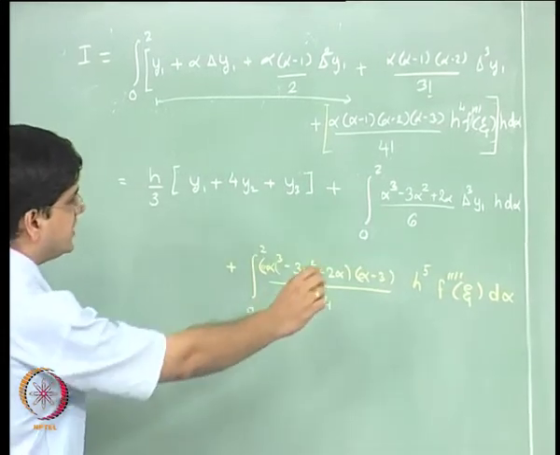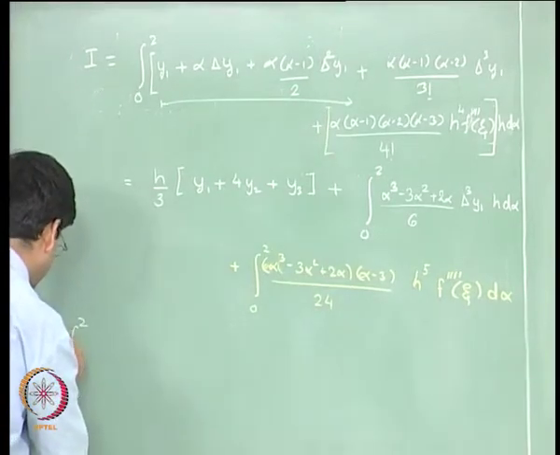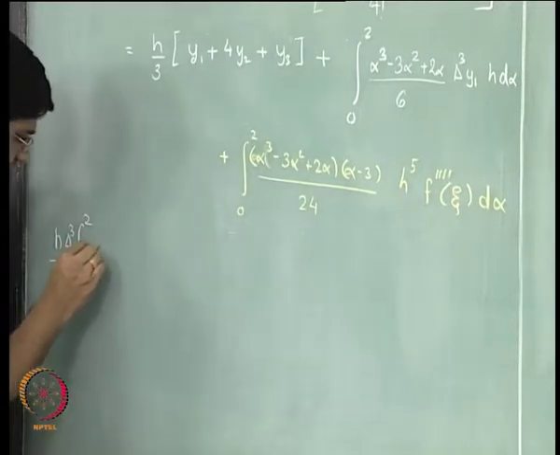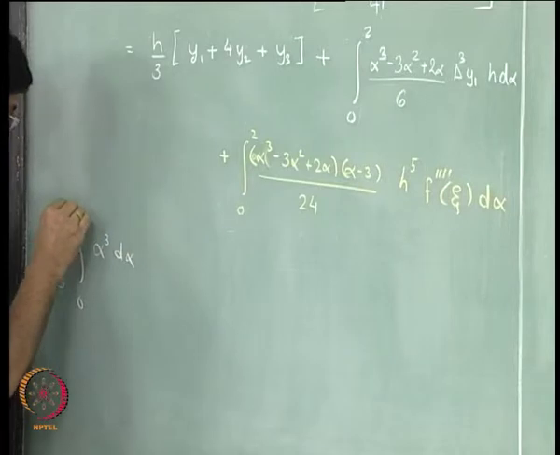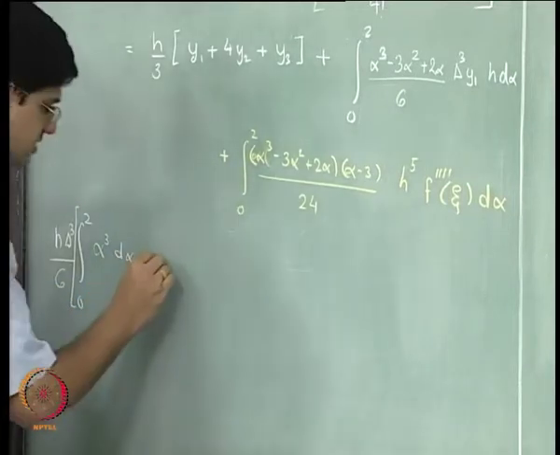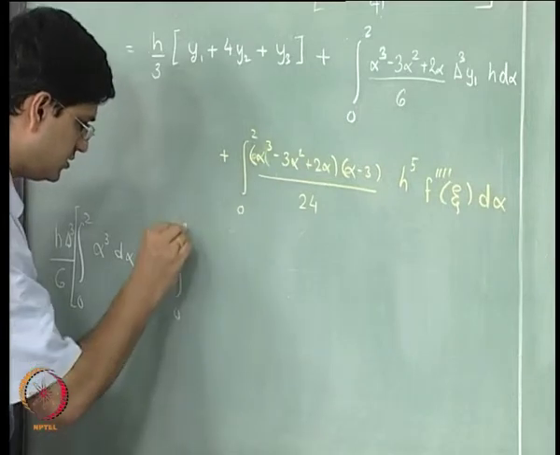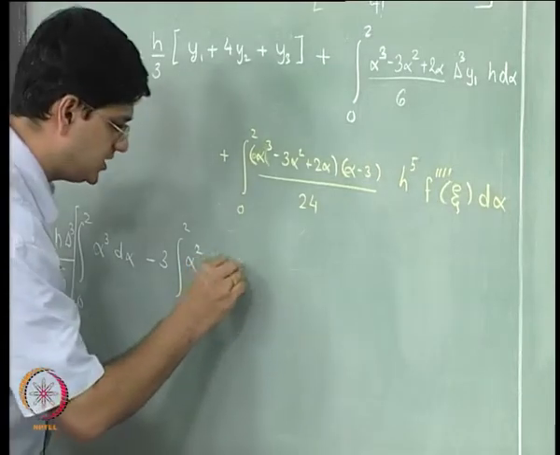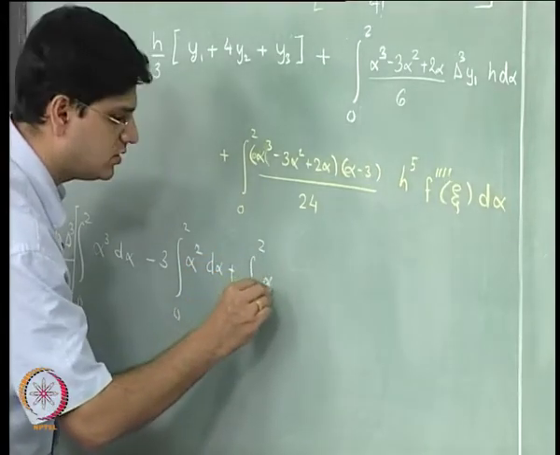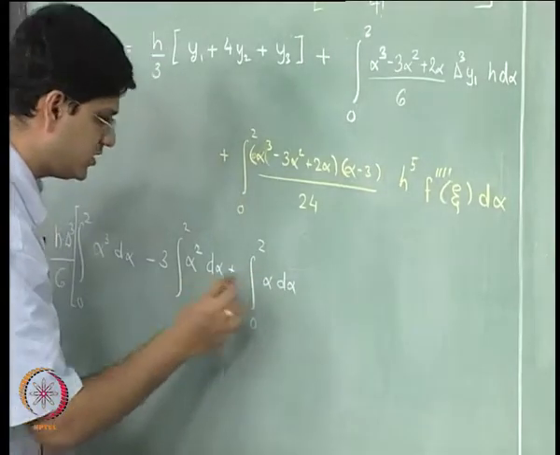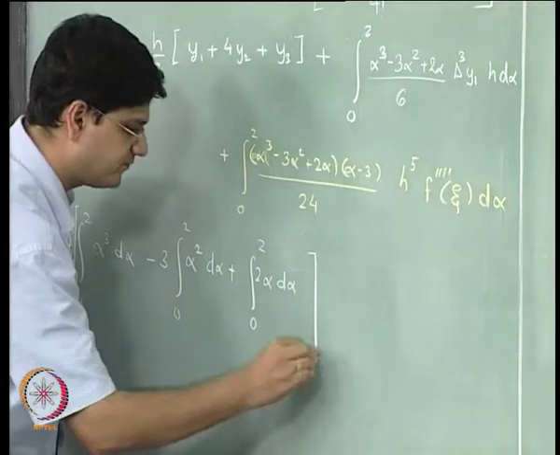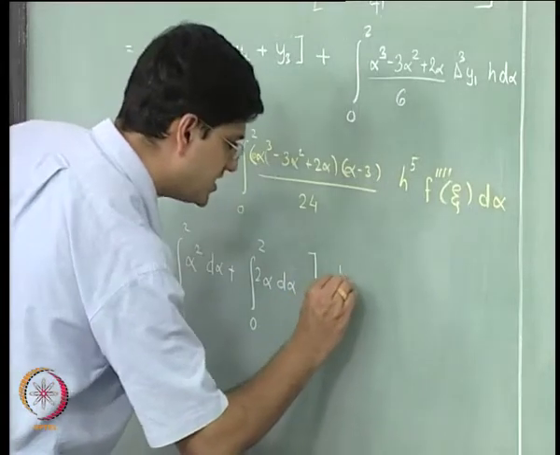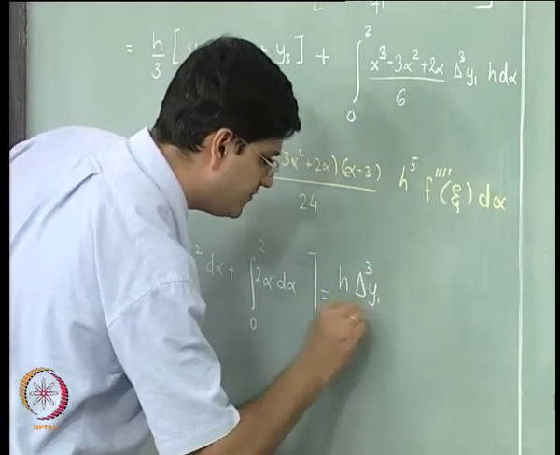One will have delta cubed h delta cubed by 6 outside the integral sign, and inside the integral it is going to be alpha cubed d alpha minus 3 times the integral of alpha squared d alpha plus the integral from 0 to 2 of alpha d alpha, or actually 2 alpha d alpha, sorry. Okay, this is what we will get, that we will be able to write as h delta cubed y1 by 6.